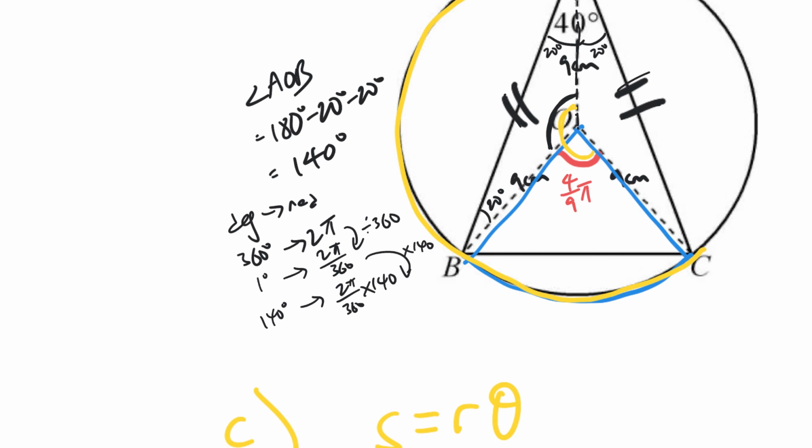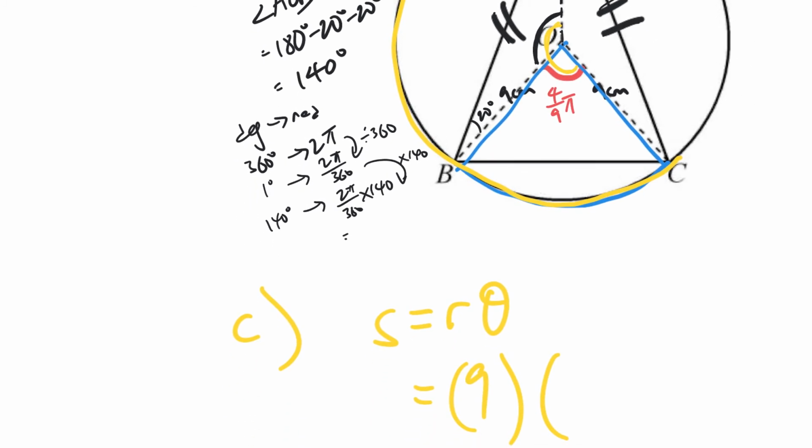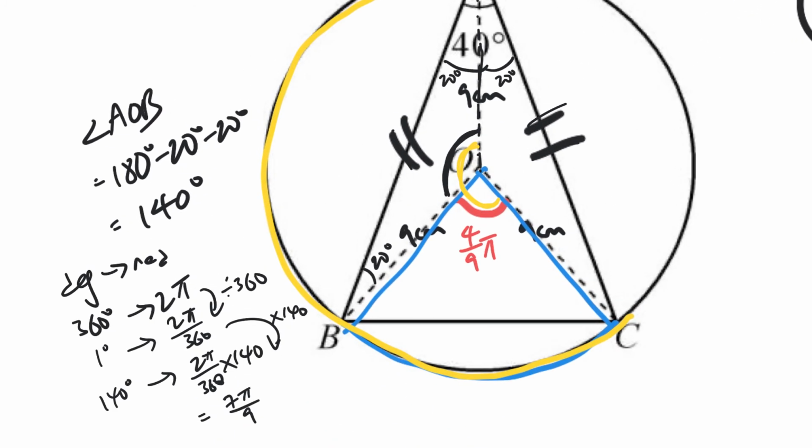Let me just simplify this so that it looks better. 7 pi over 9. So that tells me this is 140 degrees or 7 pi over 9 radians.